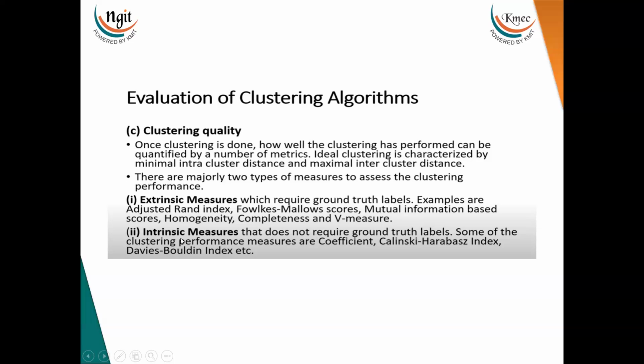For the intrinsic measures, we need not have any ground truth. For these measures, we can find the silhouette coefficient, or we have the Calinski-Harabasz index and Davies-Bouldin index, etc. Using these extrinsic and intrinsic measures, we can find out the clustering quality.